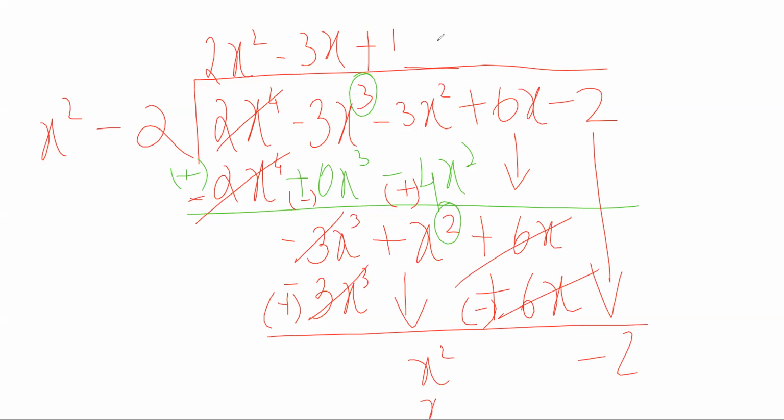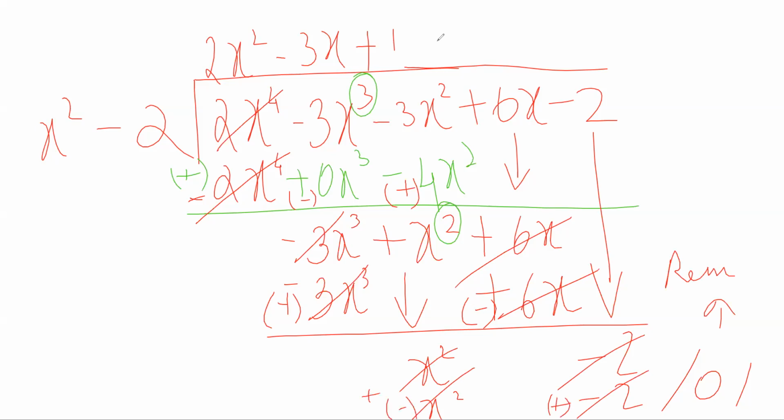So x square minus 2, the remainder will be 0. This is the remainder. Okay, this also gets cancelled. This also gets cancelled because minus changes to plus. And plus is present over here. This will change to minus. So you'll get remainder 0.